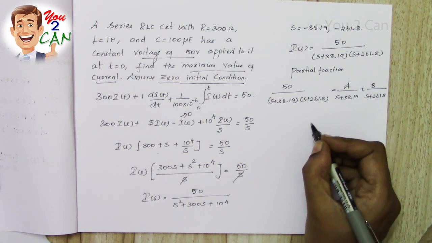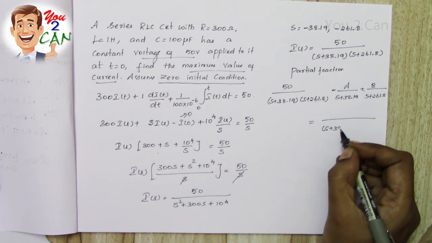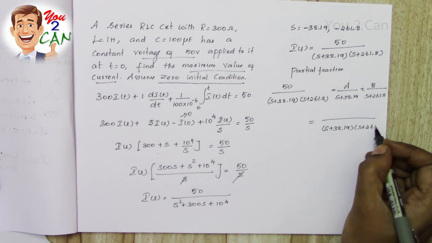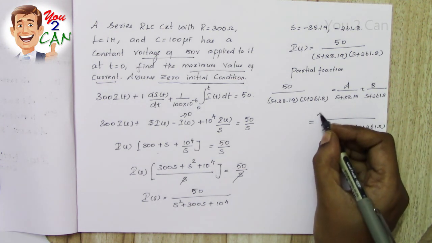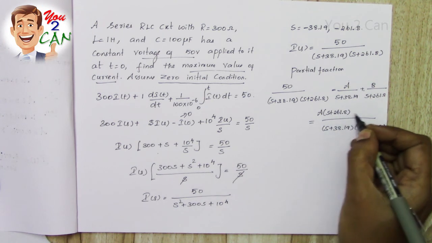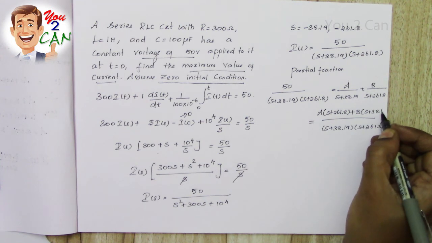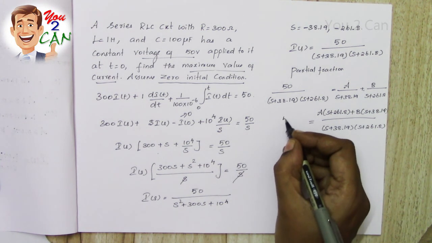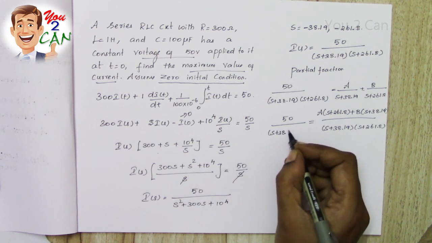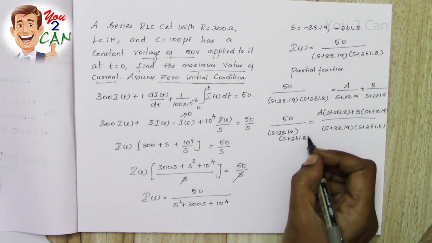Now take the LCM, which is (s plus 38.19)(s plus 261.8). Here it is A into (s plus 261.8) plus B into (s plus 38.19), equal to 50 divided by (s plus 38.19)(s plus 261.8).